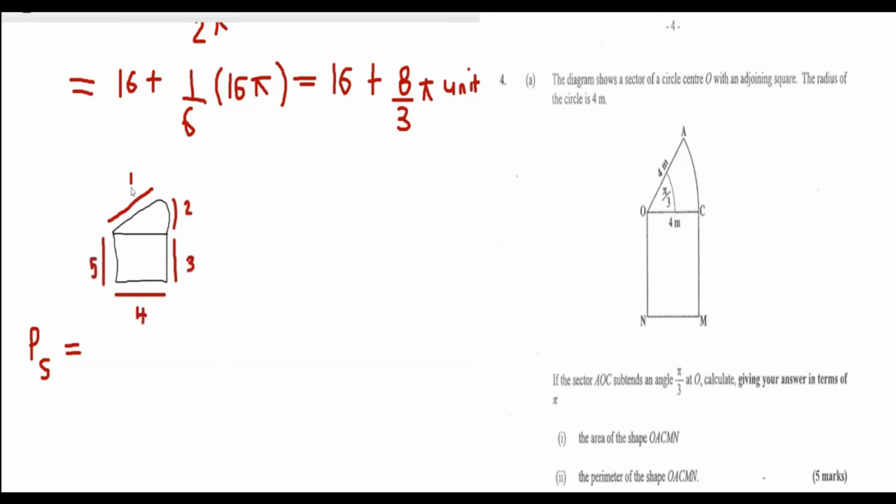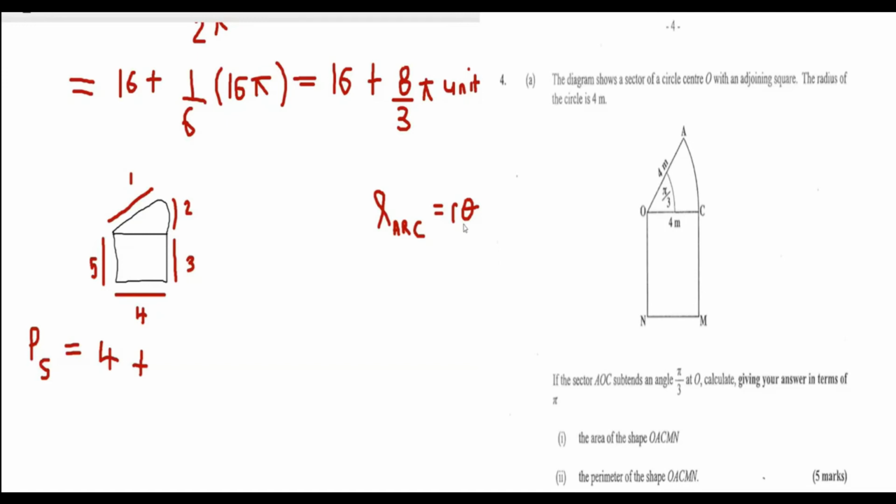So the perimeter is going to be the first side, which is the radius, which is 4, plus the length of the arc. Now the length of this arc is r times theta. That's how we find length of an arc. Just to write down the formula, the length of an arc is equal to the radius r times theta. If you don't want to use this formula, you can always use theta over 360 times 2 pi r.